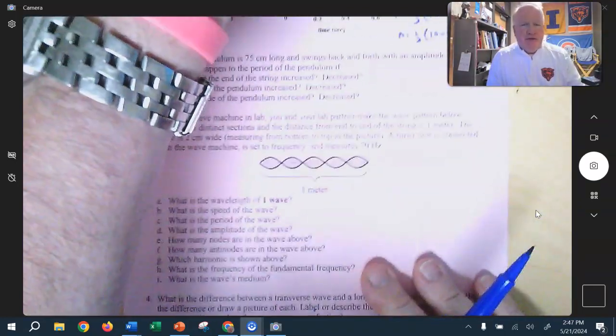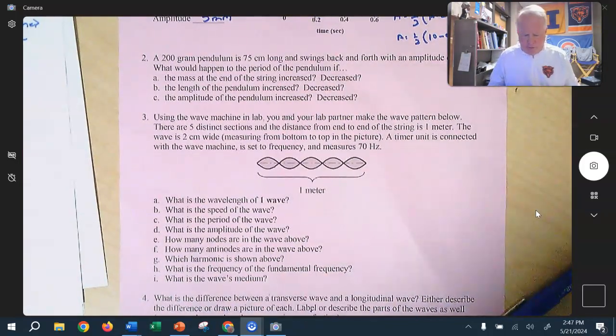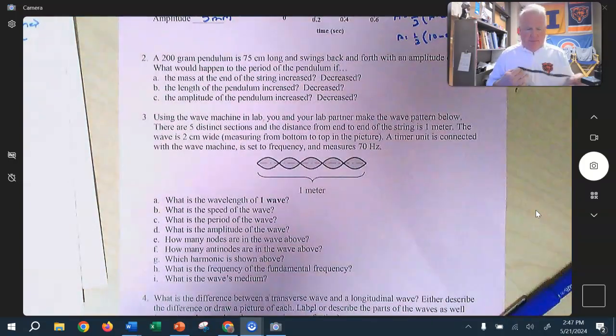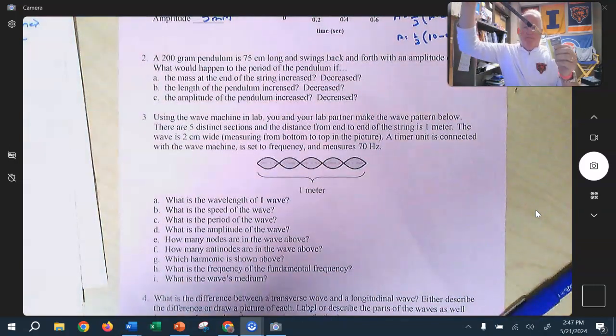And we get to the pendulum. The pendulum is a problem that we kind of walk through very quickly. But the bottom line is, if you got a pendulum going back and forth, the only thing that's going to make that pendulum have a shorter or longer period is the length of the string, right? If you remember from Unit 2, it doesn't matter what the mass is.